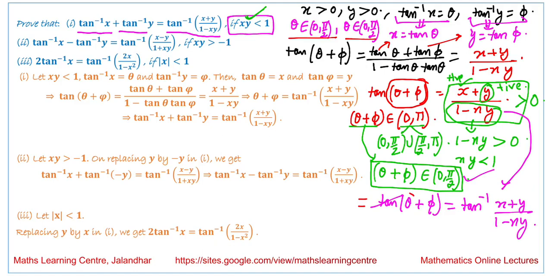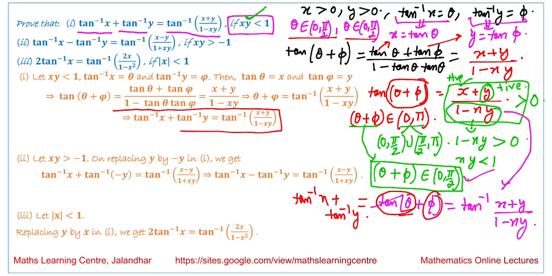Now we have considered theta is equal to tan inverse of x, and phi is equal to tan inverse of y. So we obtain this result that tan inverse of x plus tan inverse of y is equal to tan inverse of x plus y over 1 minus xy when x into y is less than 1.